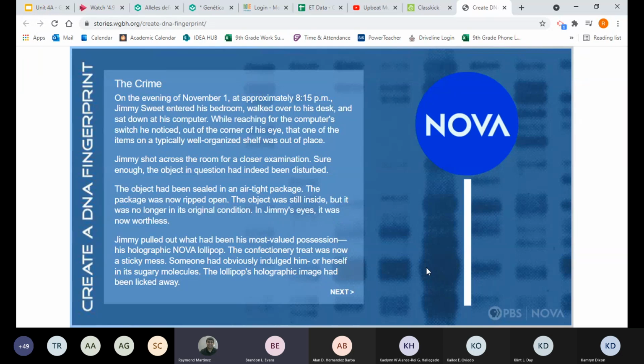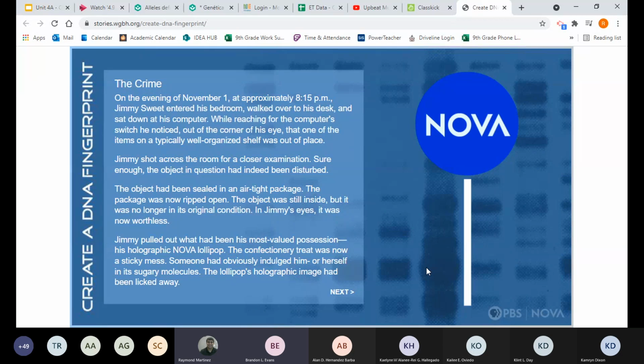Someone had obviously indulged him or herself in its sugary molecules. The lollipop's holographic, what's the other one, Miss Martinez? Image. Image licked away.